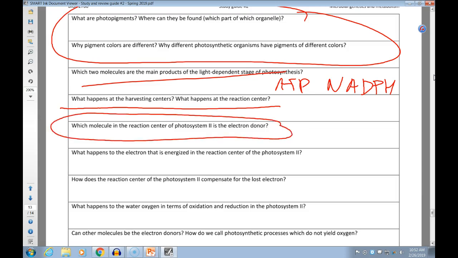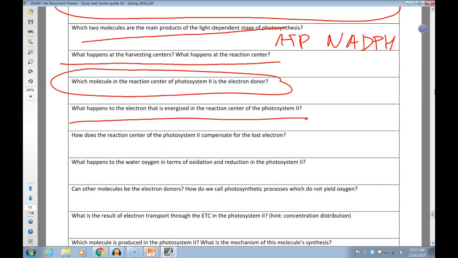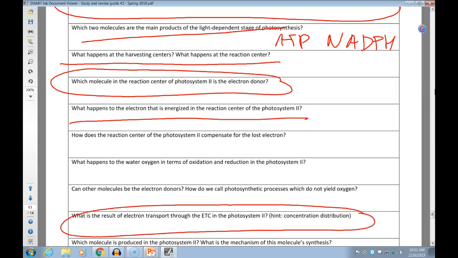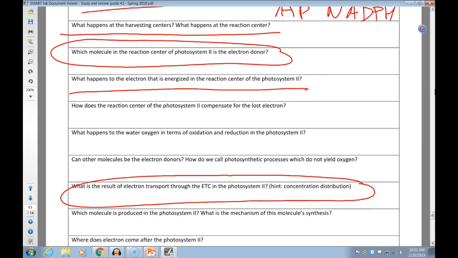The electron donor will be water. Okay? The oxygen of water is oxidized, becoming molecular oxygen. The electron is energized and enters the electron transport chain, which then uses the energy of that electron to pump hydrogens across the membrane. Diffusion of hydrogens back leads to ATP synthesis.